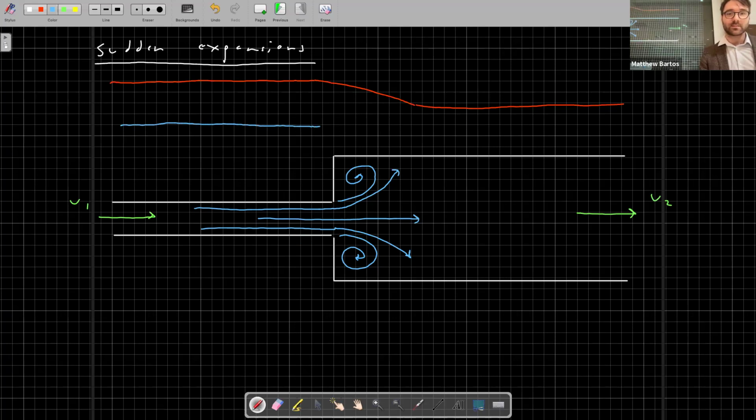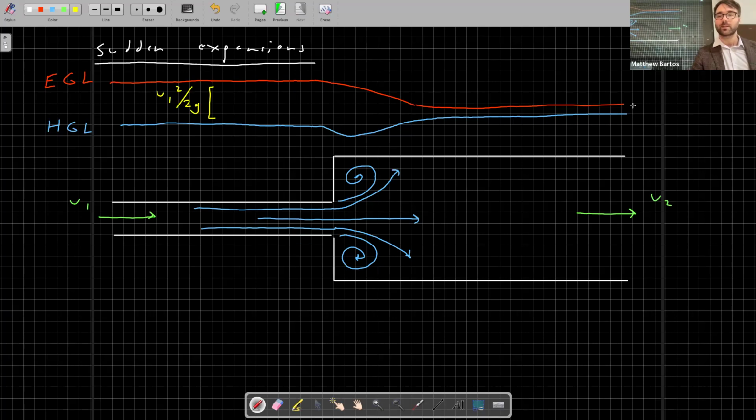As it moves into this transition, it's going to dip down, and then it's going to move back up. In this case, it actually ends up higher than it was before. So this is our EGL, this is our HGL. And again, the difference between the EGL and the HGL is U1 squared over 2g on the upstream end, U2 squared over 2g on the downstream end.